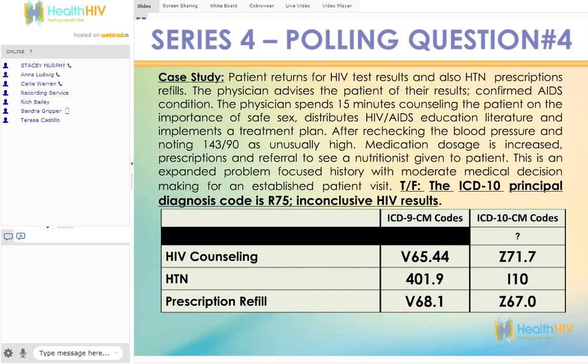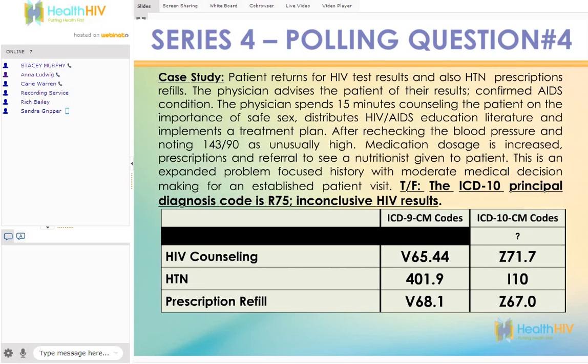He counsels the patient for 15 minutes on the importance of safe sex, distributes education literature, implements a treatment plan, and he checks the blood pressure and notates that the pressure is unusually high, 143/90. The hypertension meds are increased.